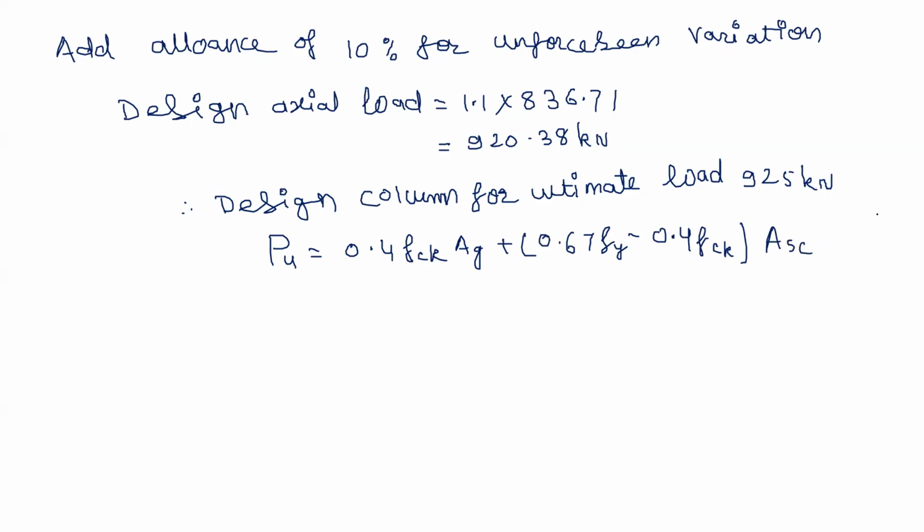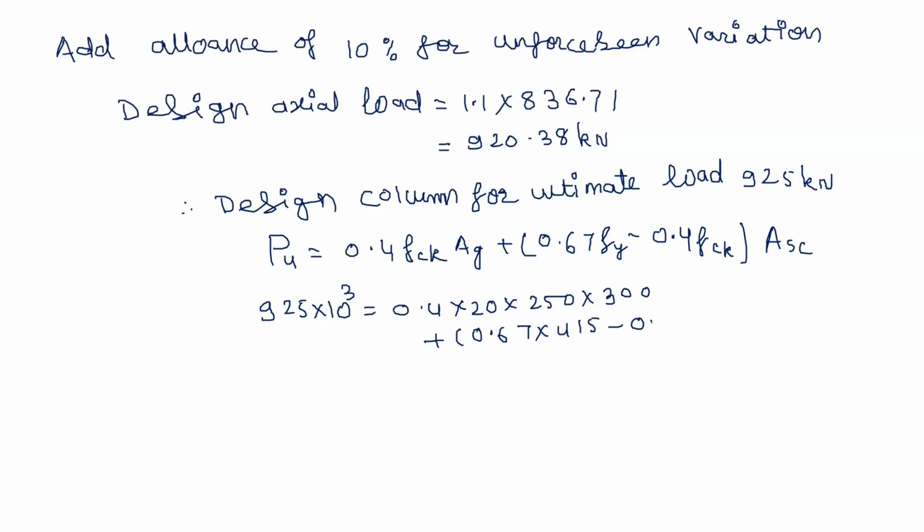So we have PU 925, so 925 into 10 raised to 3 equal to 0.4 into 20 into size of column 250 by 300, plus (0.67 into fy 415 minus 0.4 into fck 20) into Asc.